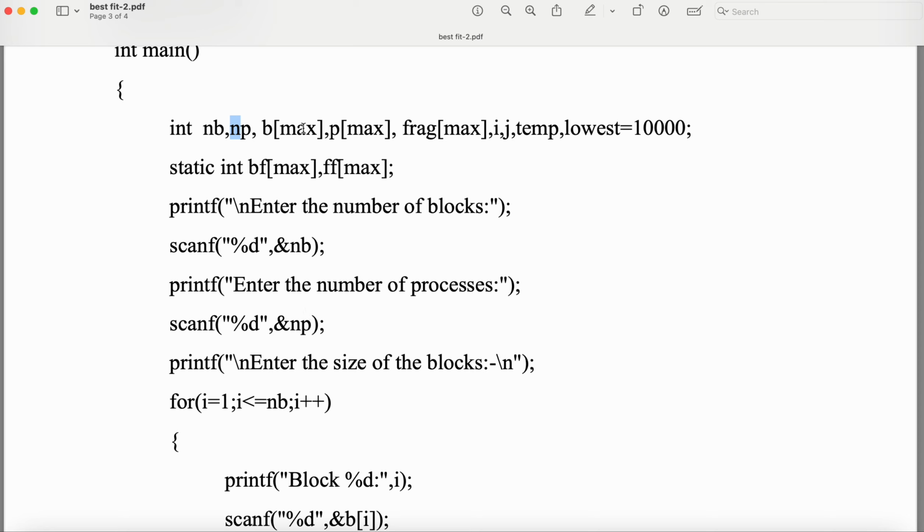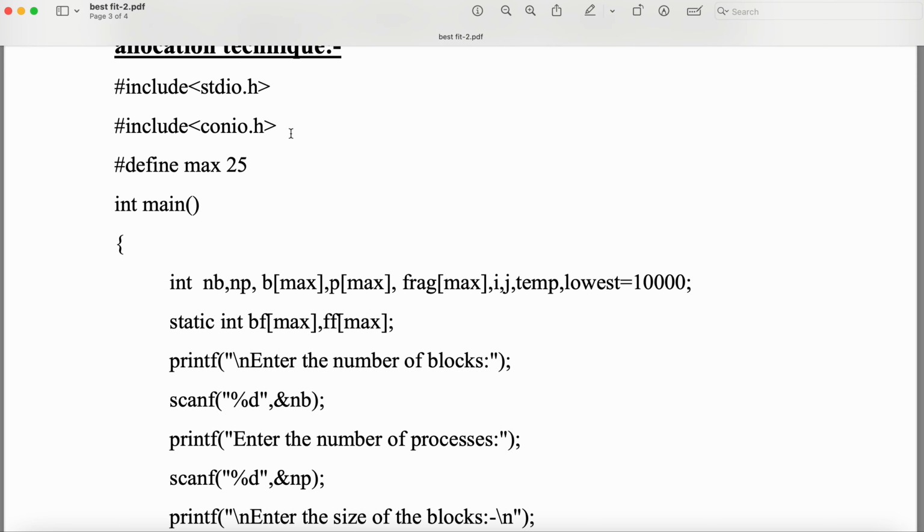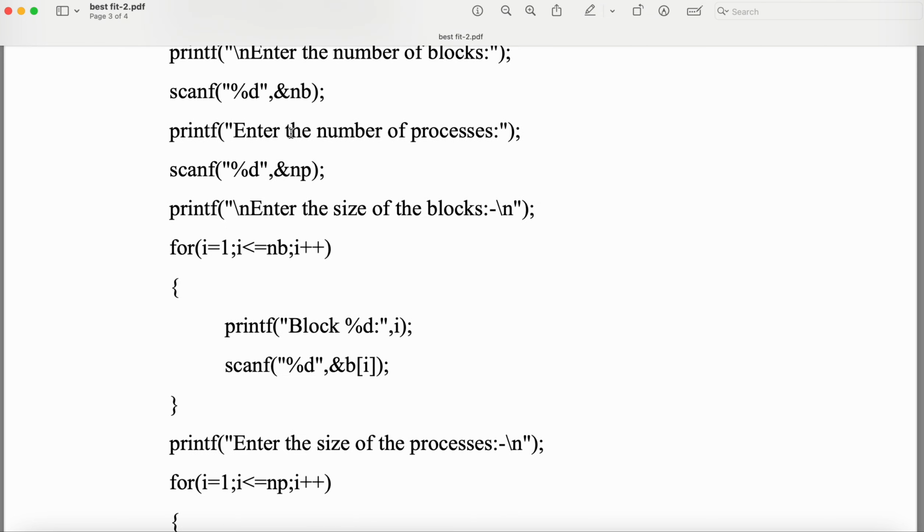Next, b of max. This b specifies the size of the blocks. If we specify NB as 4, then we can read 4 block sizes. Maximum we can have 25, but out of 25 we have given only 4 blocks. printf enter the size of the blocks. For i equal to 1, i less than or equal to NB.